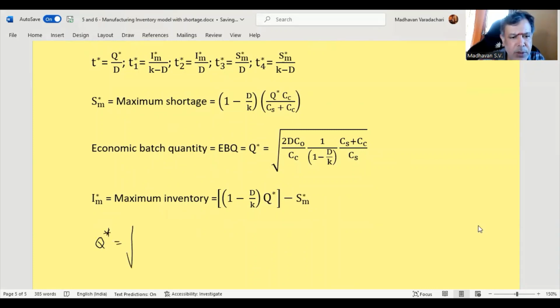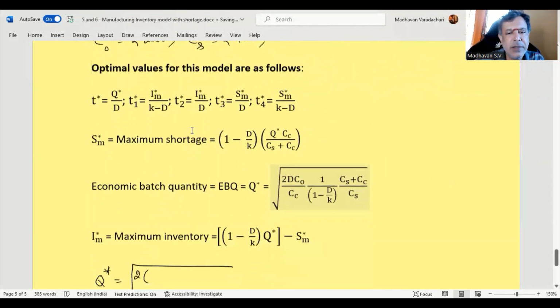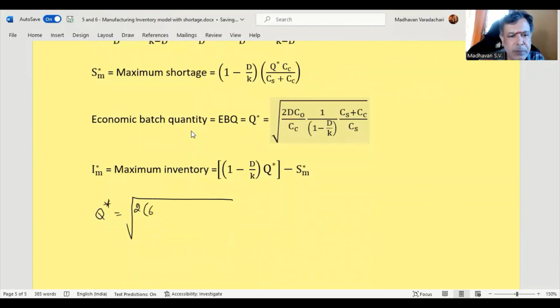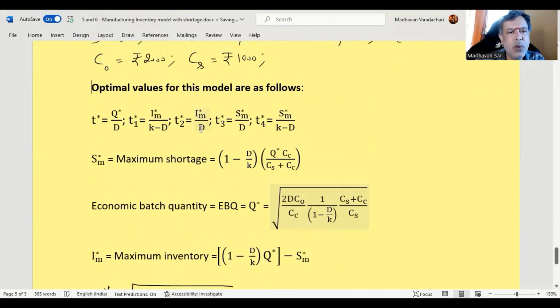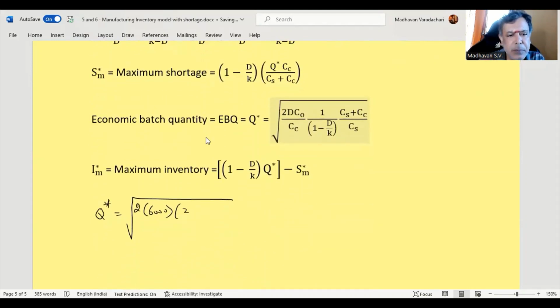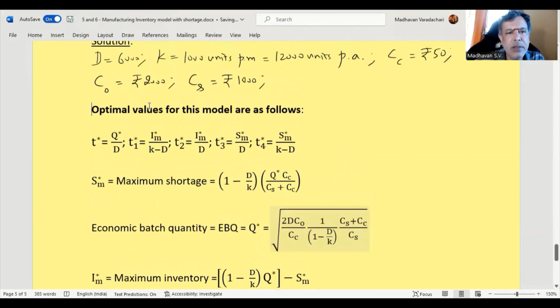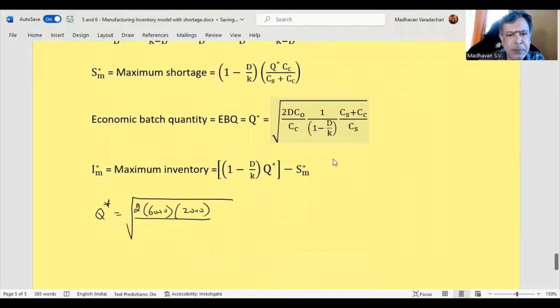Substituting the values, it is 2 times D. D here is 6,000, times CO. CO is 2,000, divided by CC. CC is 50.